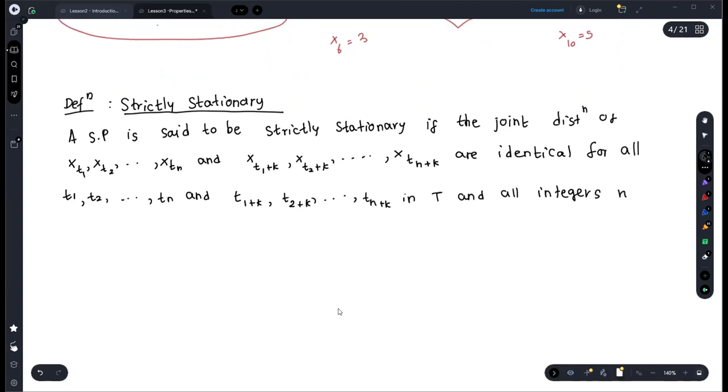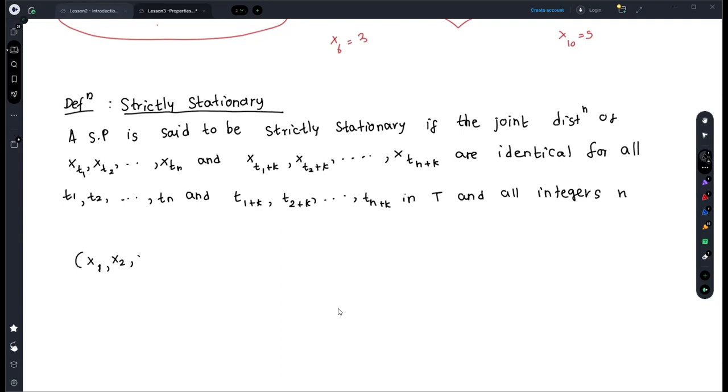Adding a certain number k, you shift your stochastic process, if k is positive, to the right, if k is negative, to the left, right? So it is something like, suppose you have x1, x2, x3, and if your k is 4, you'll end up with x5, x6, x7, right?